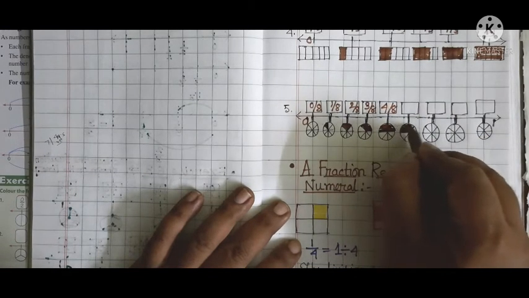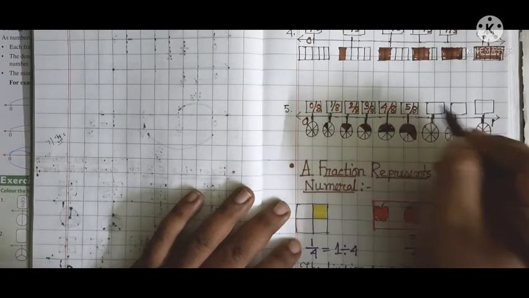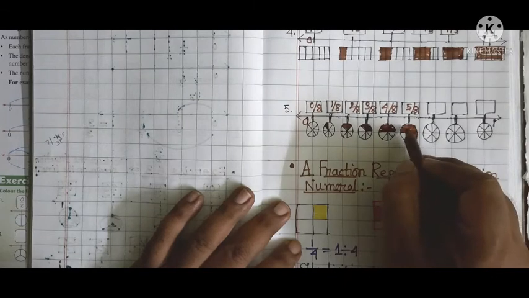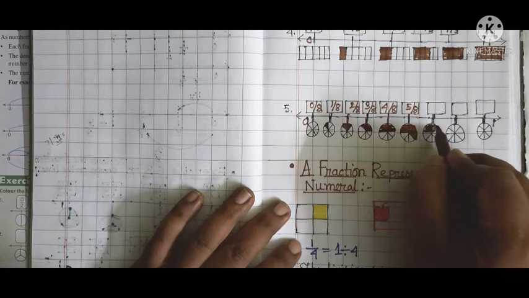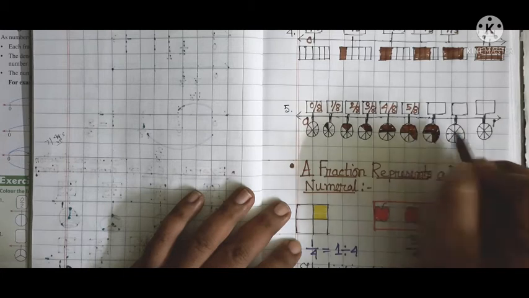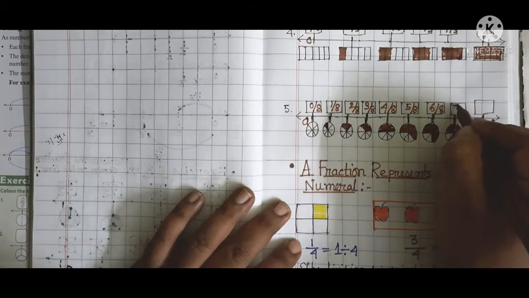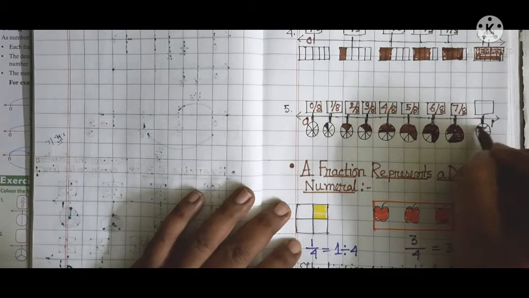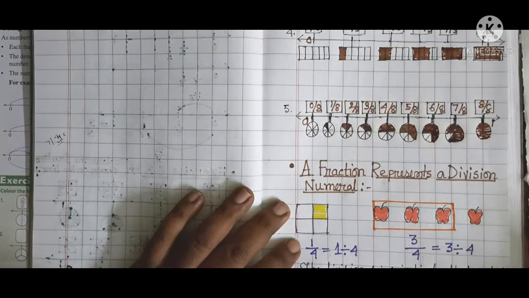Next 5 portions shaded, so it will be 5 by 8. Next we make 6 portions shaded. Okay, then 1 2 3 4 5 6 portions shaded, so it will be 6 by 8. And here 7 parts shaded out of 8, so it will be 7 by 8, and at last all the portions are shaded, so it will be 8 by 8.